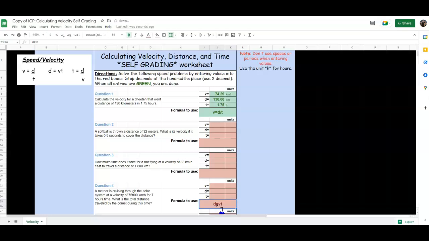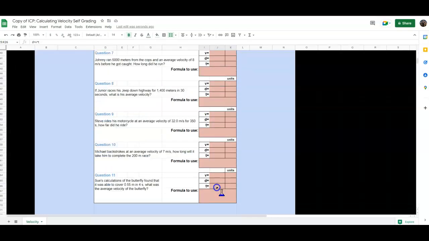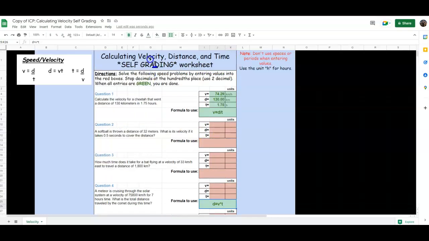It will not turn green because you have to multiply it, and you'll either use the X symbol for the multiplication or the star symbol to show that it's being multiplied. It is one of those quirky things that you have to do in order to get it to go green. But again, there should be nothing red within your problems. All right, so that's for velocity.